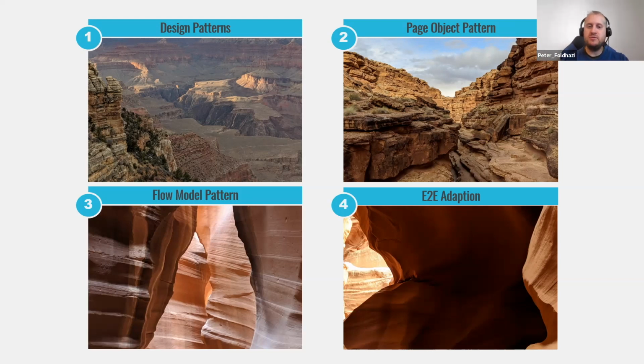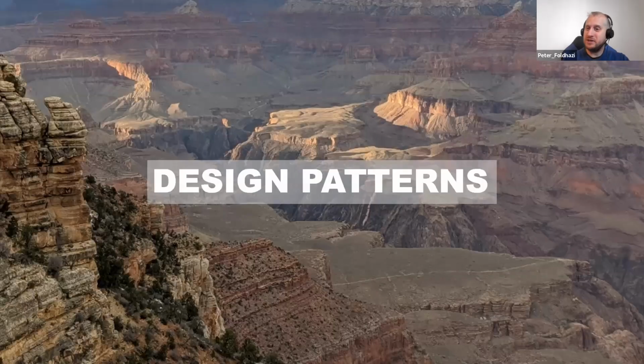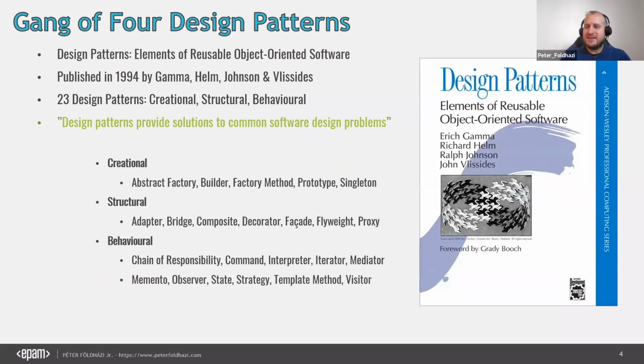And I'd like to show you an alternative in the flow model pattern and how it could be used not just in UI test automation. Okay, I hope the agenda sounds great, and I hope that you're going to enjoy learning something new or revisiting some topics as well. Okay, so let's get it started.